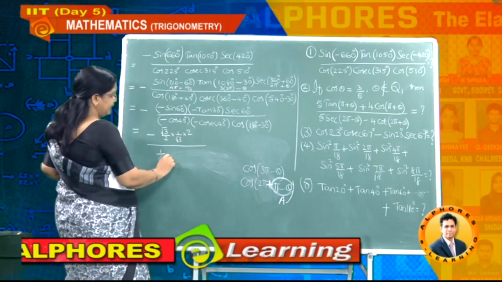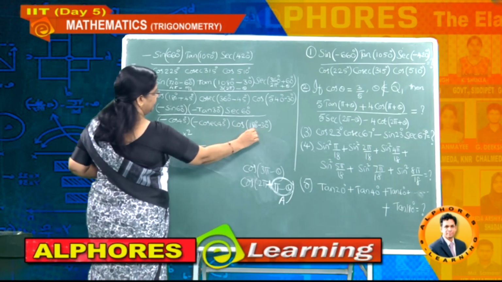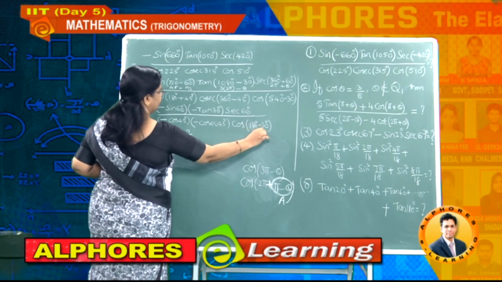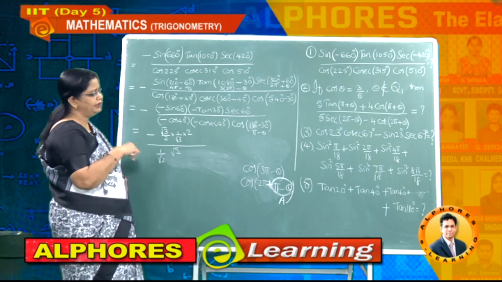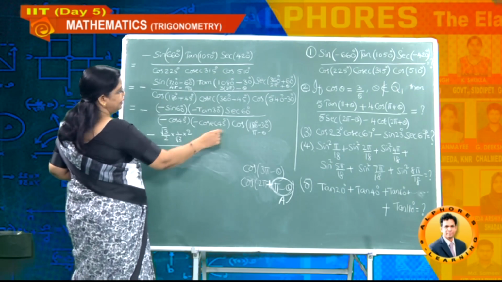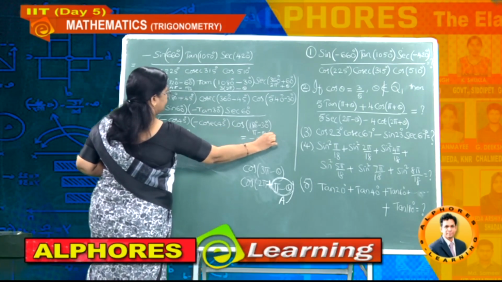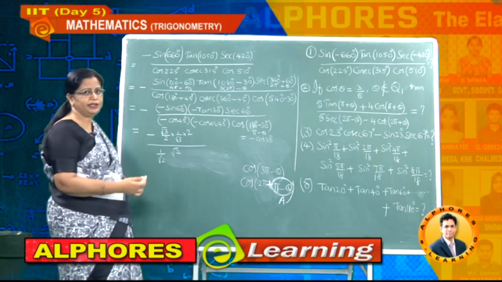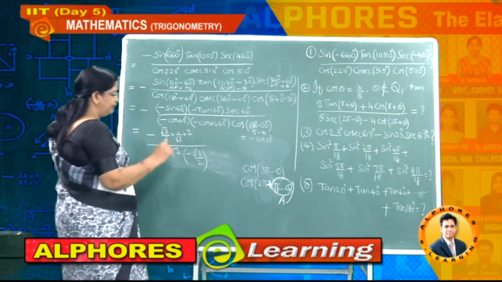Cosec 45 degrees is root 2, and next this value 180 minus, this is pi minus theta type, which will come in second quadrant, and in second quadrant cos values are negative. So you will get here minus cos 30 degrees, and what is that? Minus root 3 by 2. So you got these kind of values.